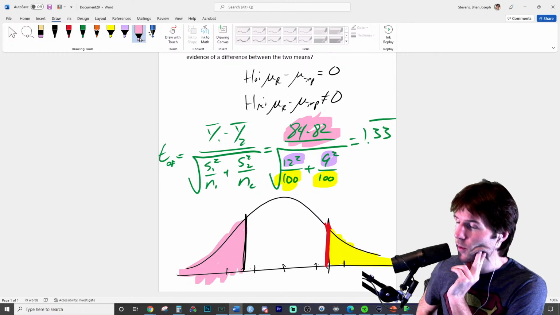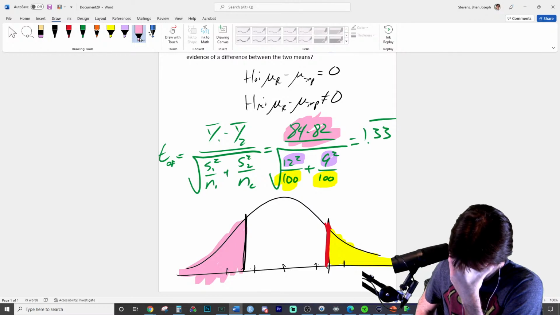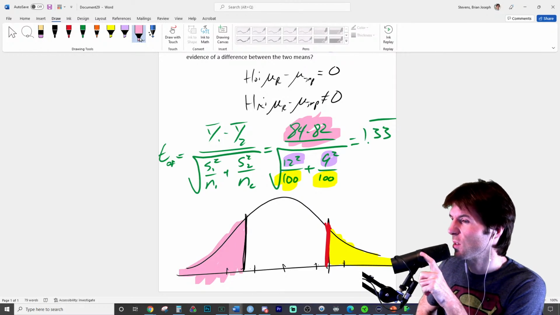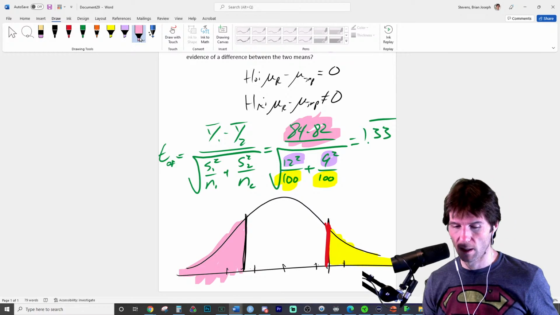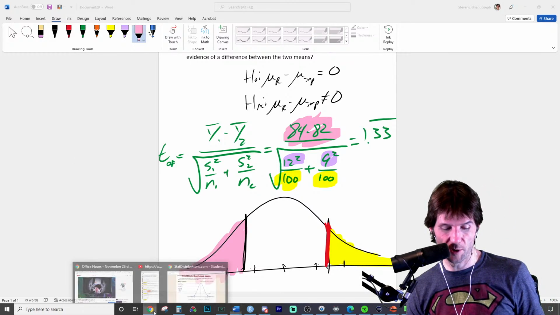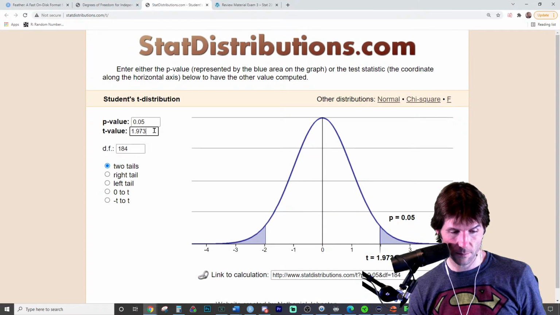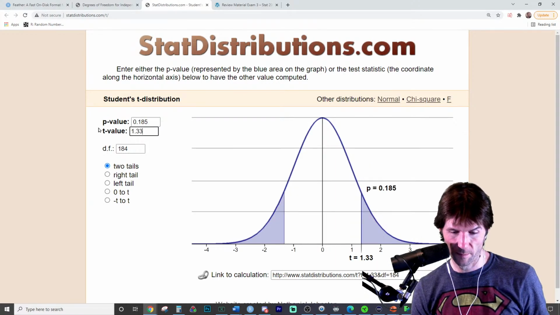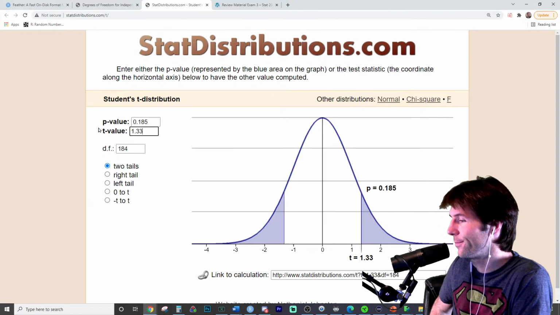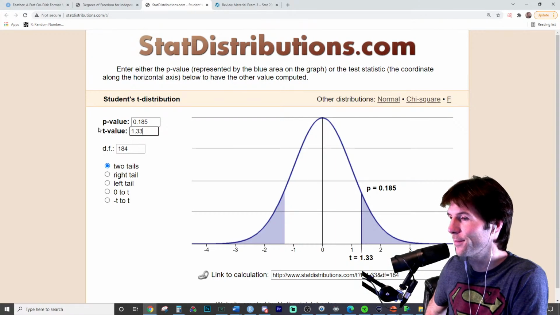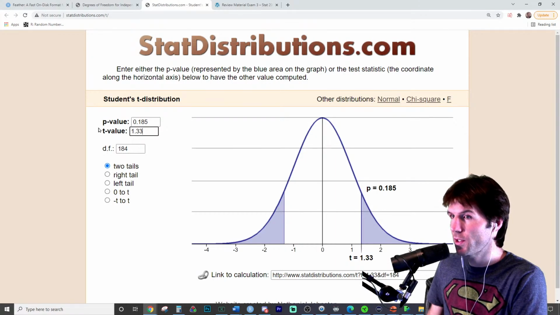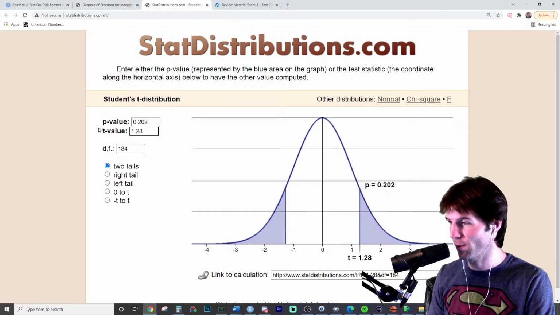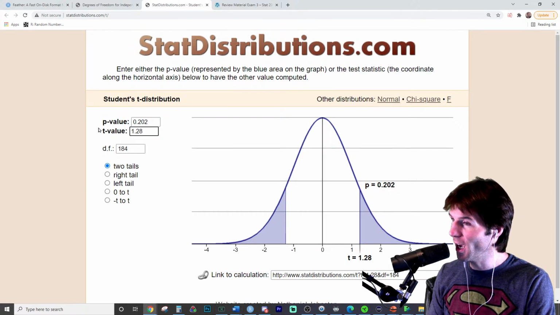The p-value is going to be very close to 17%. 17.4%, I say. Oops, wrong number. 18.5%. Should have guessed 18. The reason I know this is because I know the p-value here is about 20%. Great job, Kayla, right there.